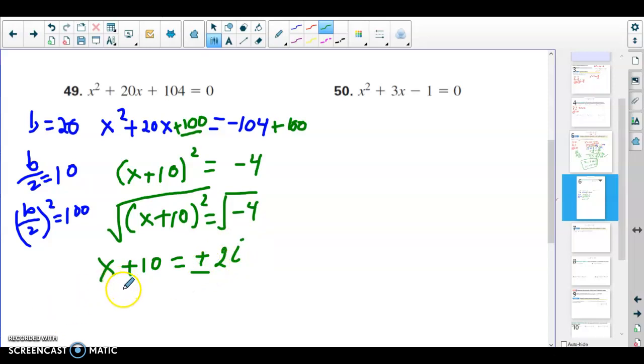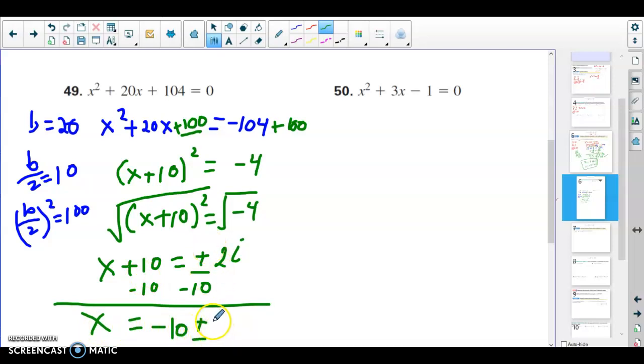Okay, I'm going to move the 10 to the other side. So my answer is x is equal to, notice it's a negative 10, because I always write that number first, and this is plus or minus 2i. Okay, you're going to do the next couple on your own, and then watch the next video.